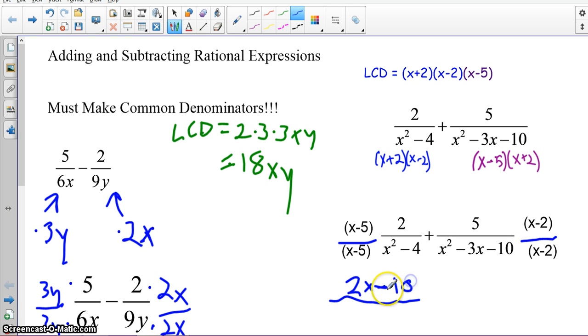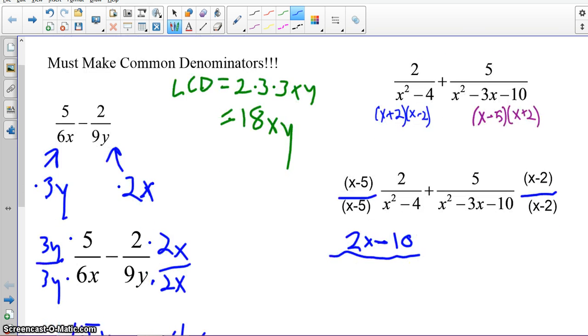You really do need to do that. You need to actually distribute the 2, so x minus 5 times 2. And then at the bottom, you have x minus 5, the x plus 2 and the x minus 2. So that's what I would write out factored. I'm going to put the parentheses here in a second.